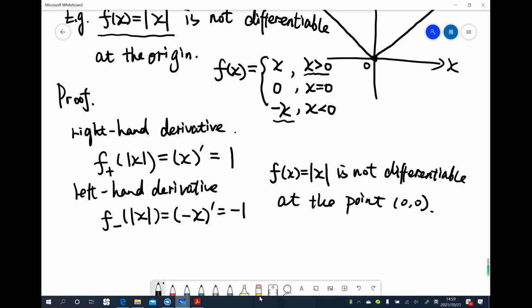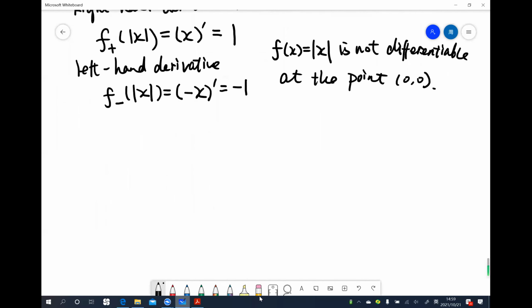So this example tells us a fact, and this fact we call a theorem that is very important. You should know that if a function is differentiable at a point, then the function must be continuous at this point. But if a function is continuous at a point, we cannot say that the function is differentiable at this point.